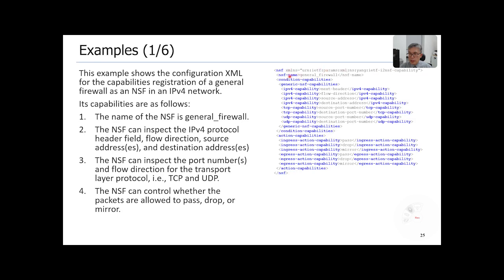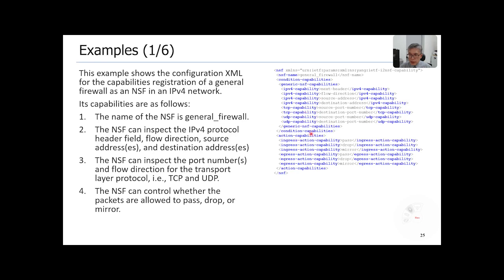And this is the NSF name general firewall, and the condition capability, action capability. So version 4 has next header, extension header used, flow direction, source address, destination address, source port number, destination port number, and UDP, TCP are specified and differently handled.